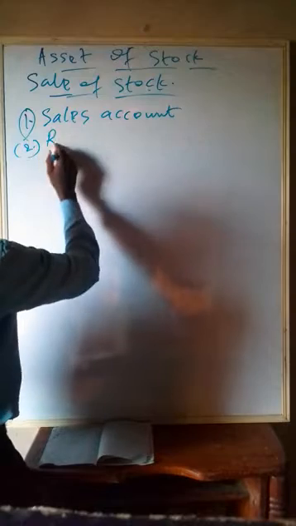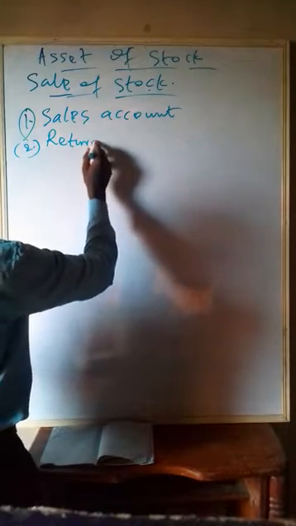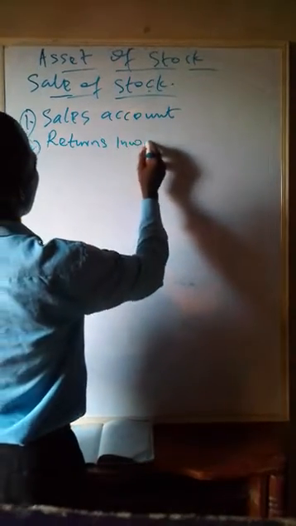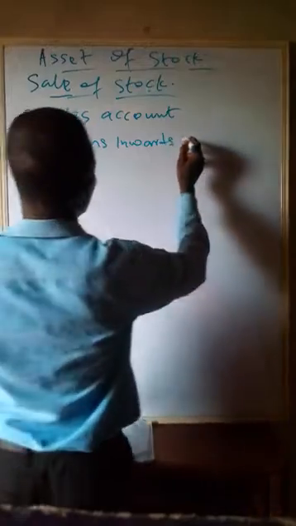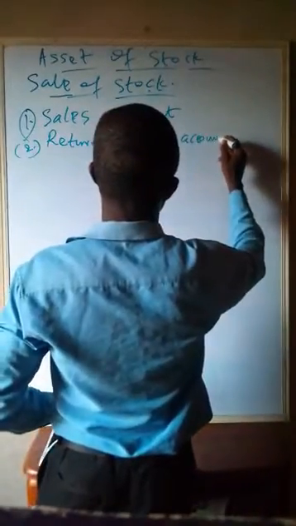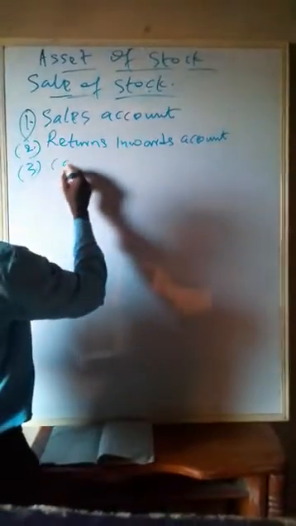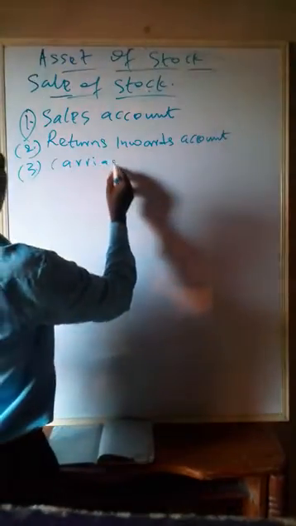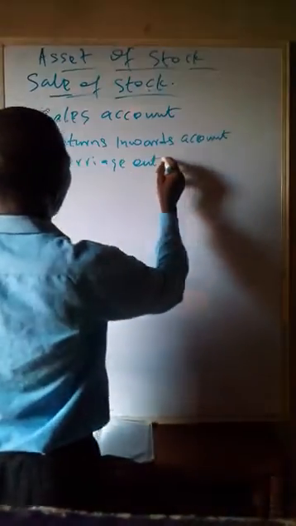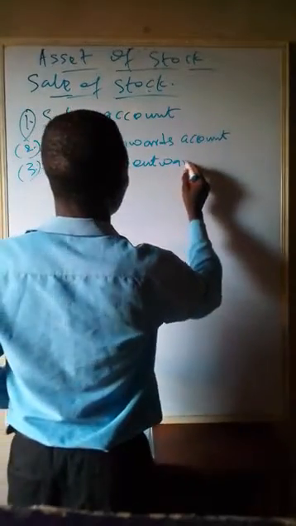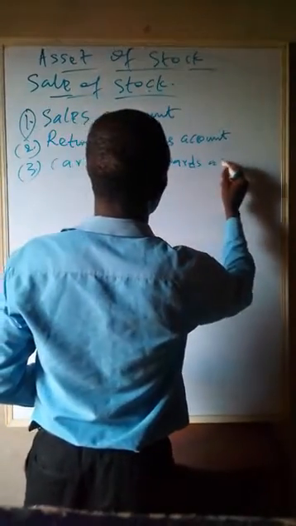Two, returns inward account. Three, carriage outward account.